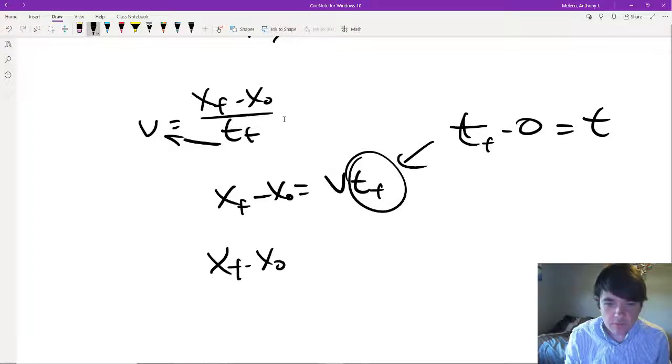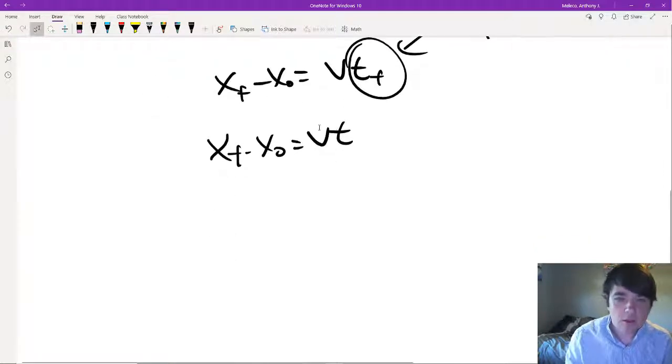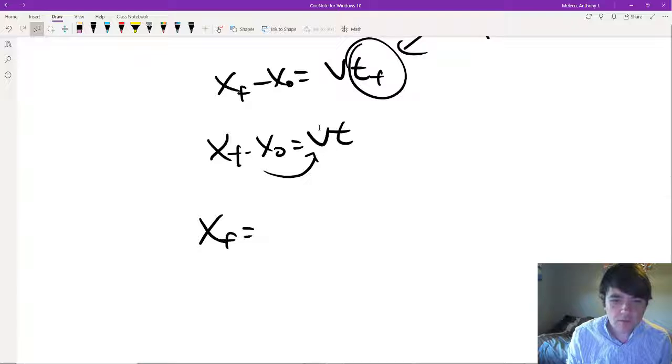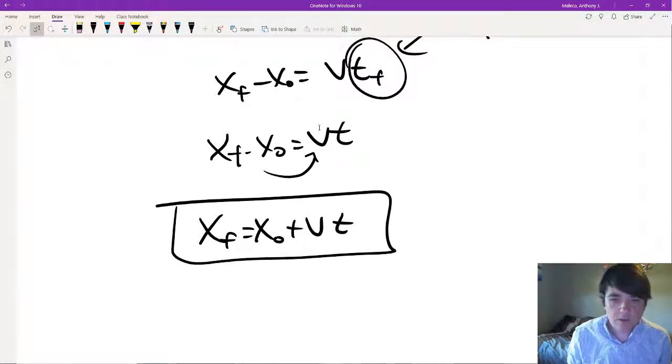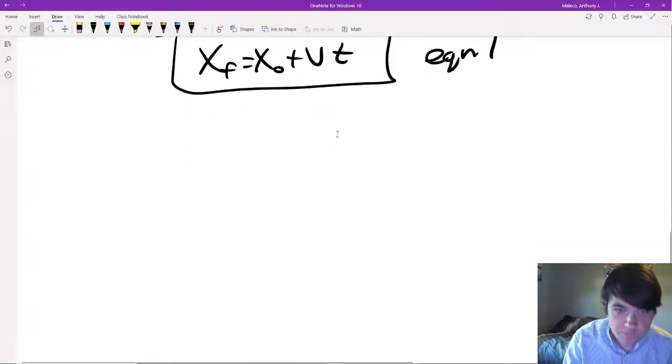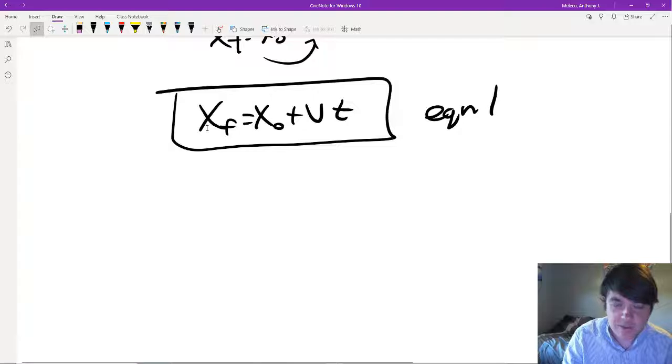So x final minus x initial is v times t, and then all I'm going to do is add this over, so x final equals x initial plus vt. And this right here is equation 1. This is the first equation that we're going to use. If you want the final position, it depends on your initial position in space relative to a coordinate system, plus your velocity times the time that's elapsed.